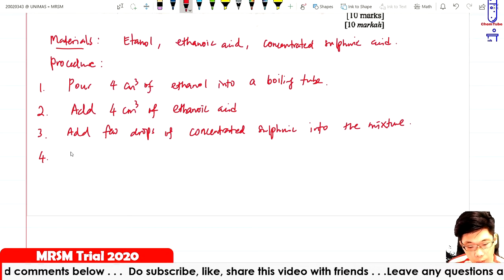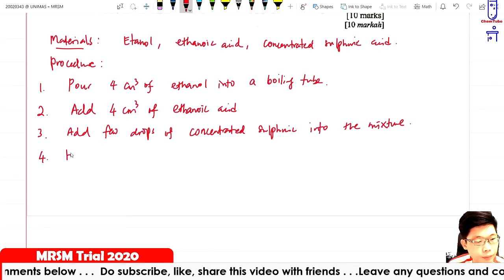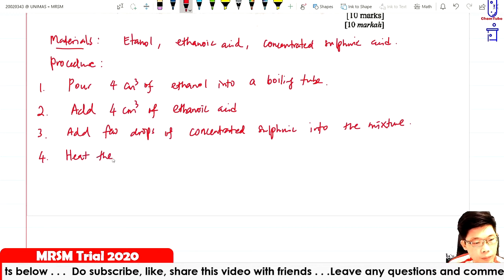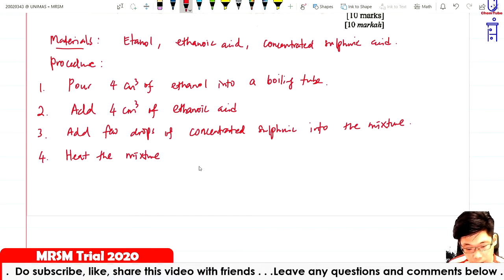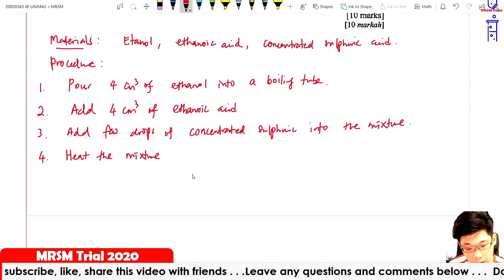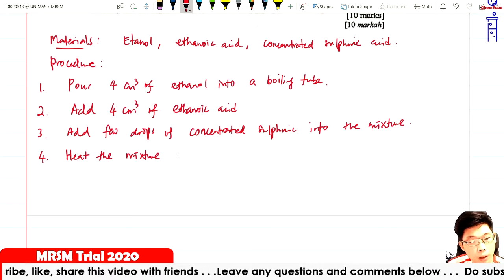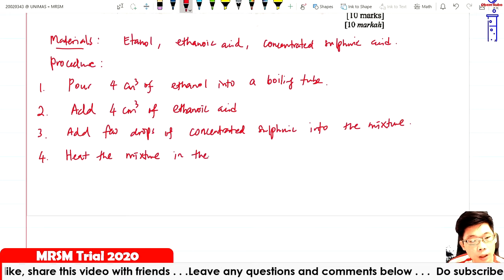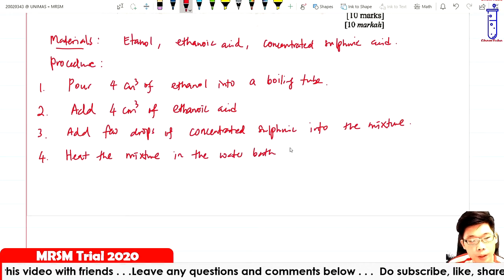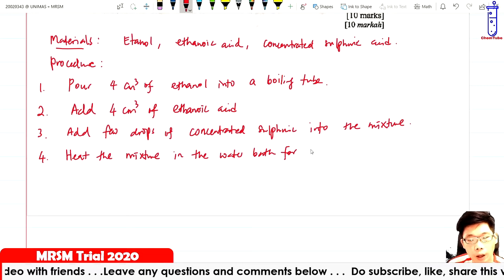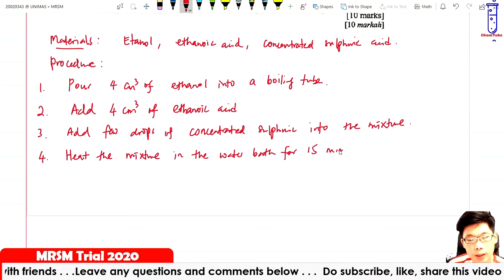Warm or heat the mixture in the water bath for, let's say, 15 minutes.